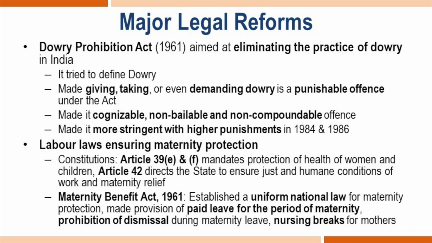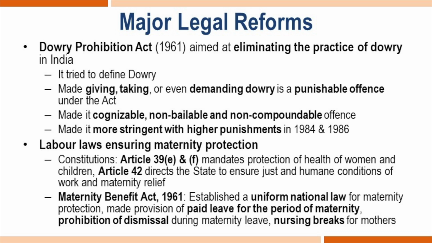We have made certain changes in our labor laws. For instance, we introduced Articles 39(e) and (f), and Article 42 directs the state to ensure just and humane conditions for work and maternity relief.